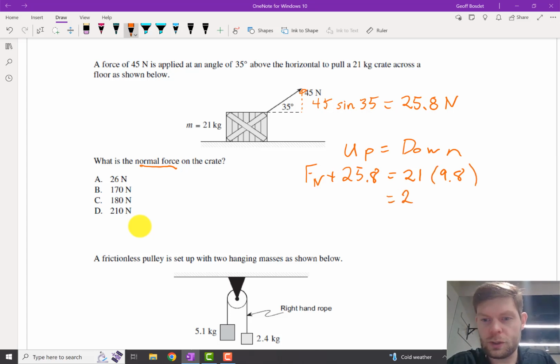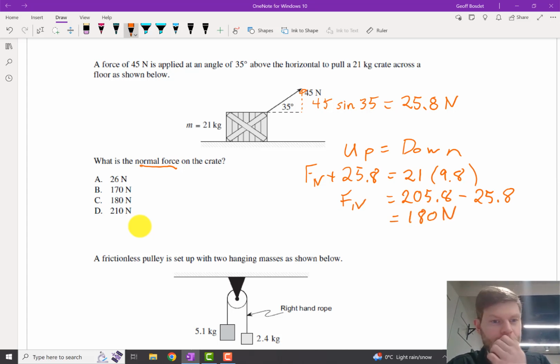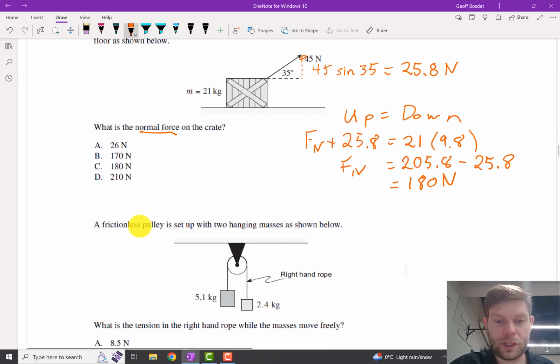So we got 205.8 minus 25.8 gives us exactly 180, which is kind of fun. There you are. That's how you do it. We just want normal force, and we found it because we know it's not accelerating up or down, and we just made our up forces cancel with our down.